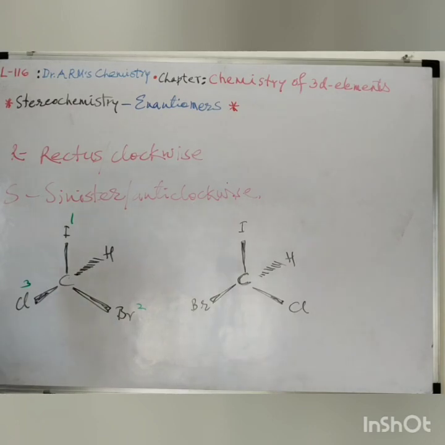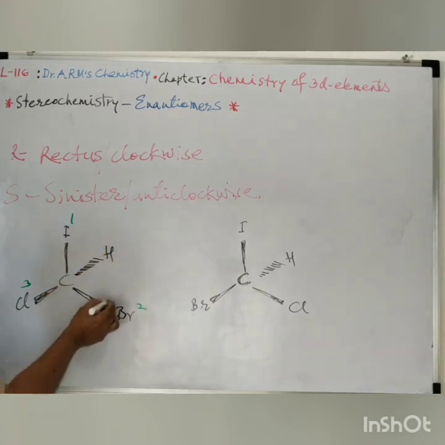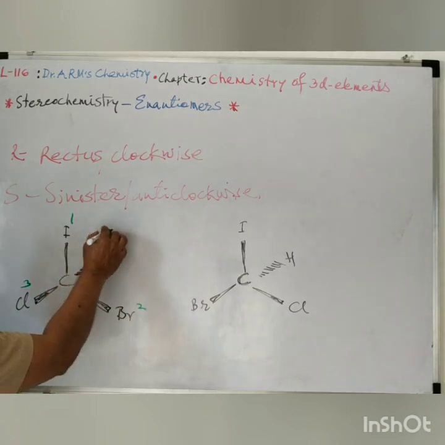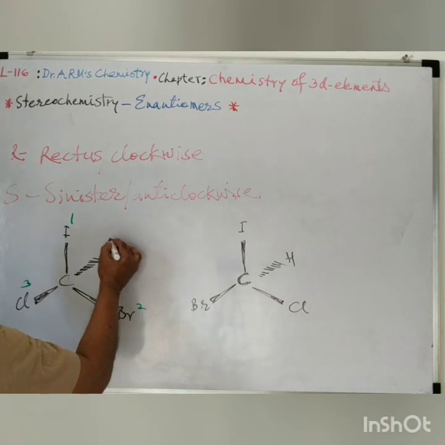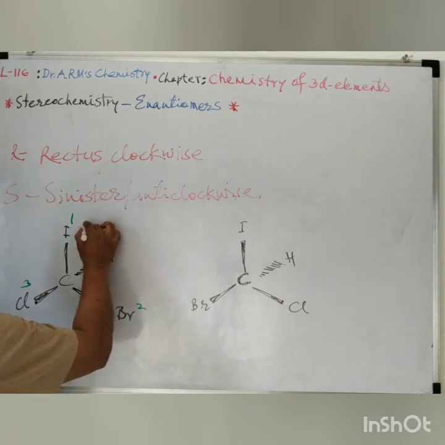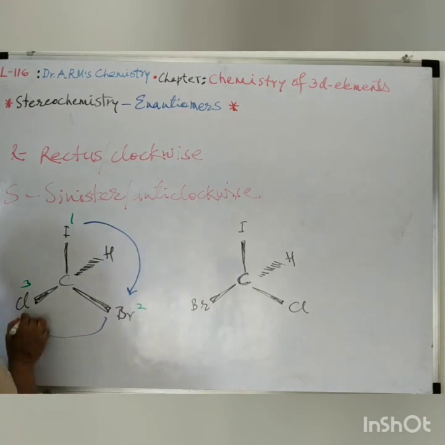So, if we move in this direction, it shows first to second, second to third. So this is clockwise in direction or rectus, and therefore it is labeled as R.